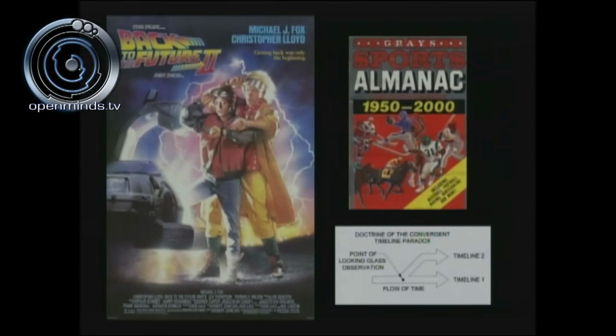Now, in this movie, a DeLorean is used to go from the year 1985 to the year 2015, and a character by the name of Biff Tannen eventually comes into possession of something called the Gray's Sports Almanac, 1950 to 2005. He picks this up from an 80s memorabilia store. He goes back to the year 1985, and it's a cakewalk.